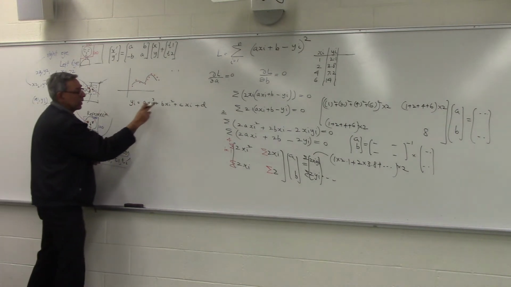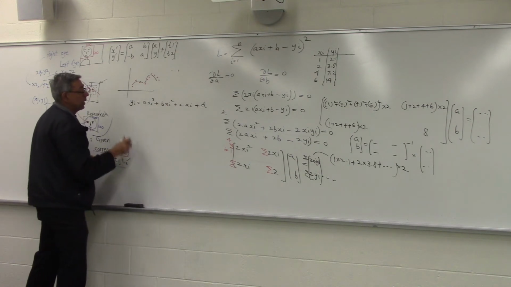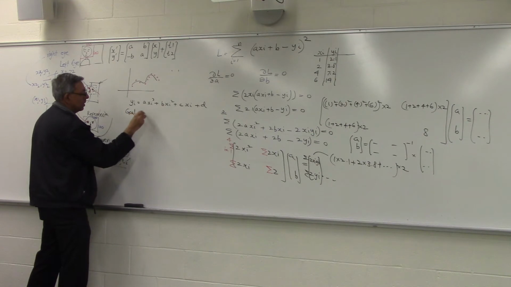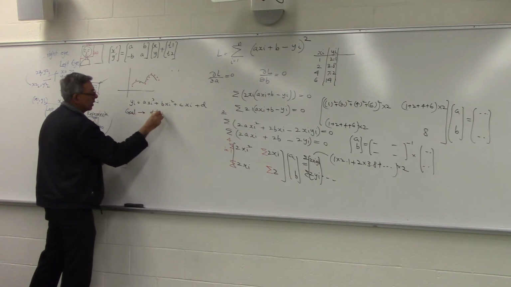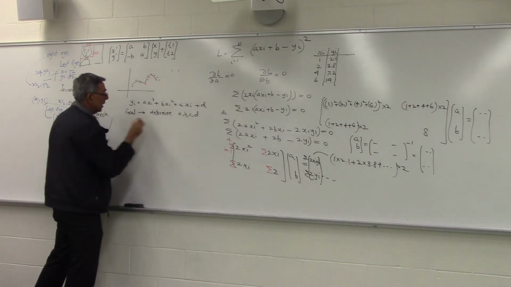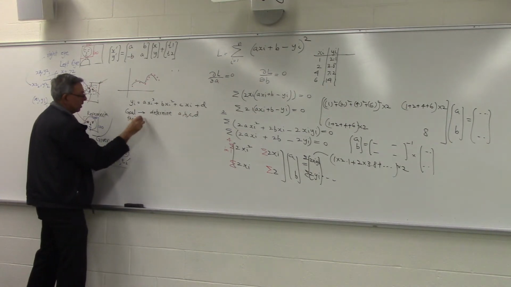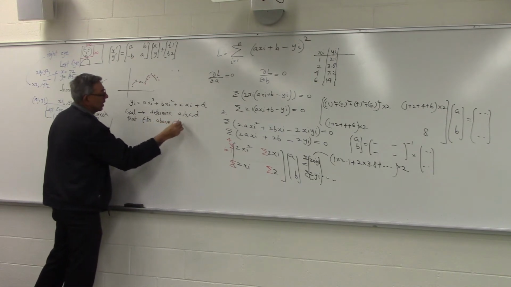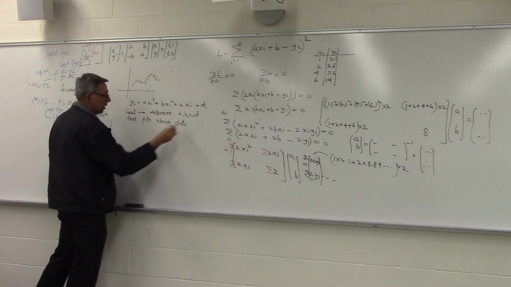You can see there's a cube term, square term, right? So your goal will be to determine A, B, C, D that fits the above data nicely.